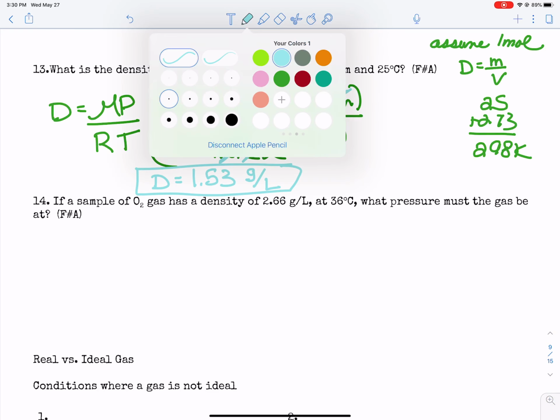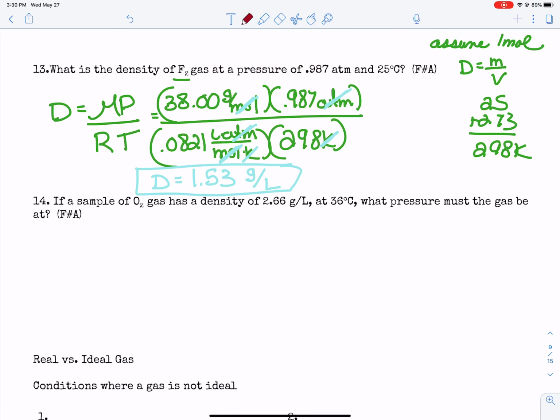And then just the last question, if a sample of oxygen gas has a density of 2.66 grams per liter at 36 degrees Celsius, what pressure must the gas be at? So again, the question gives me a density.